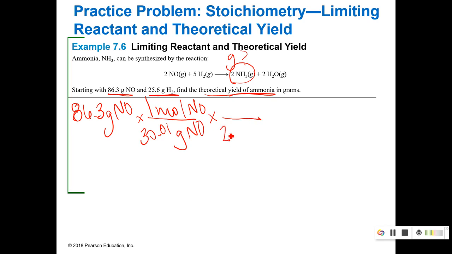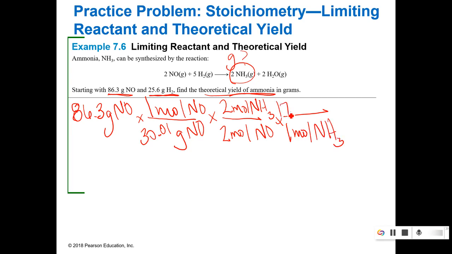Then I do my mole ratio. I have 2 moles of NO to 2 moles of NH3. And then I've got to do mass of NH3: 1 mole of NH3 is 17.04 grams NH3. We can solve that now, but I generally just do them both at one time and then do all the calculations, so I don't have to pick up my calculator so many times.